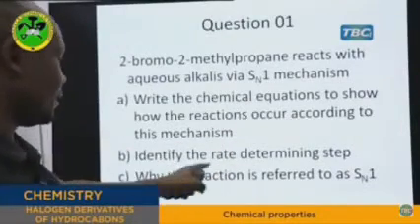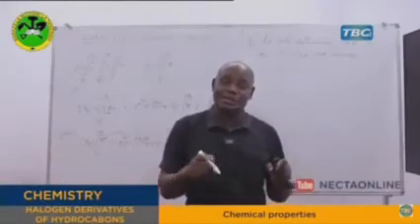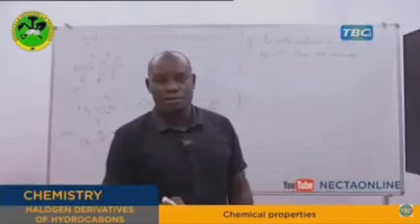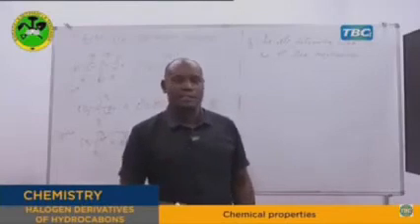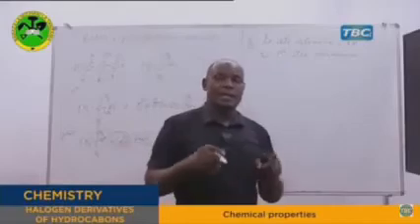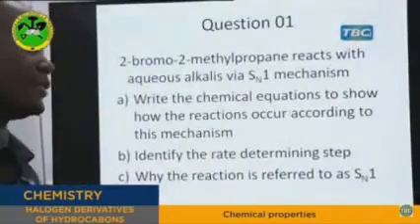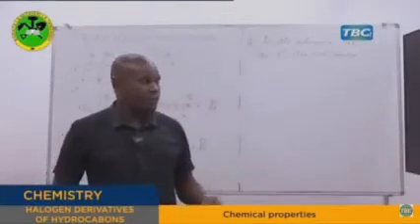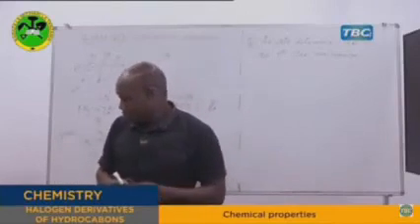It is first order because the rate determining step, or the rate of reaction, depends on the concentration of only one reactant. And what is that reactant? It is the alkyl halide. So that is now over about that reaction. Do you see now? It is very simple after having that knowledge. So let us go and see the second example.